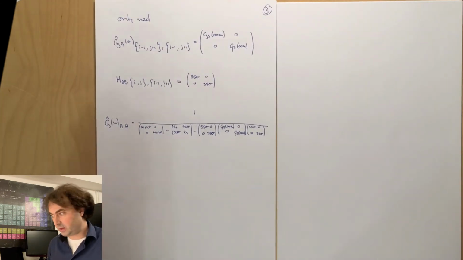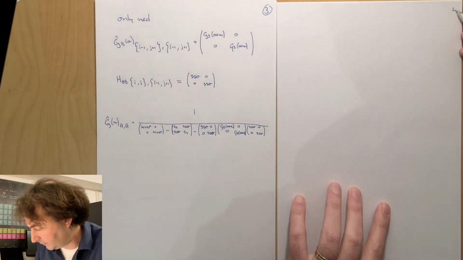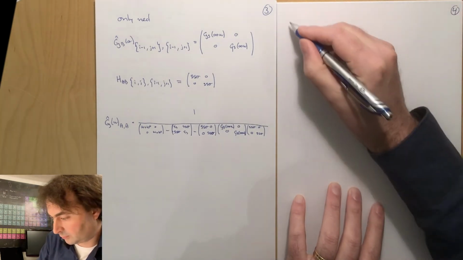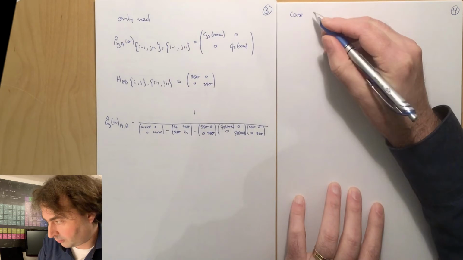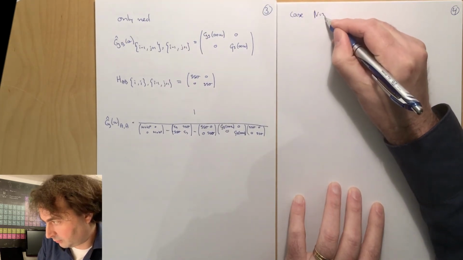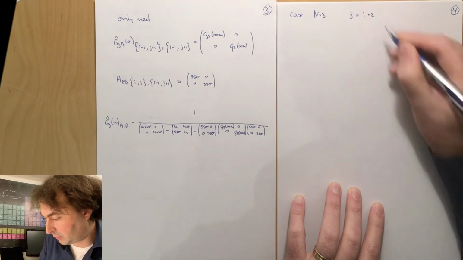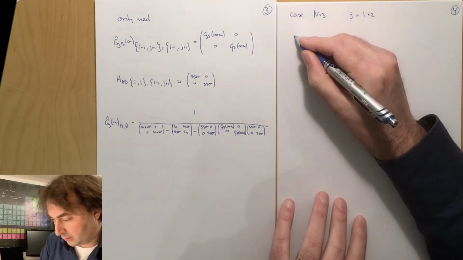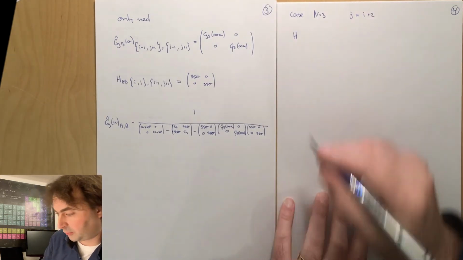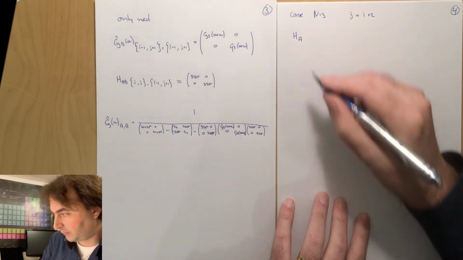Now let's do the case when n is 3 as well. So j in this case is equal to i plus 2. We can again follow everything that we did before.